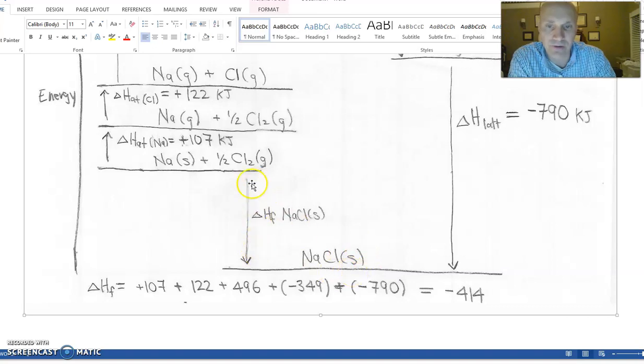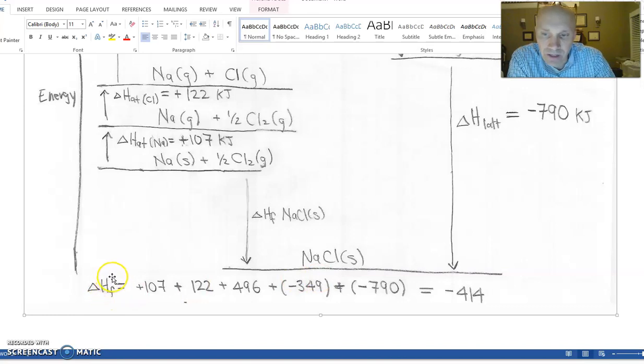The only question is how you get there. So this value right here, the heat of formation, would be equal to the sum of all these other parts. If you add them up, you can calculate this, and there should be a kilojoule after that, which would be the heat of formation of sodium chloride.